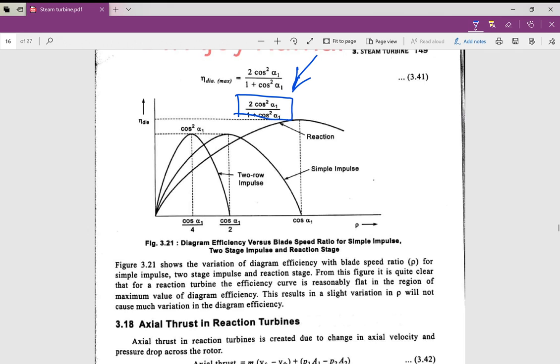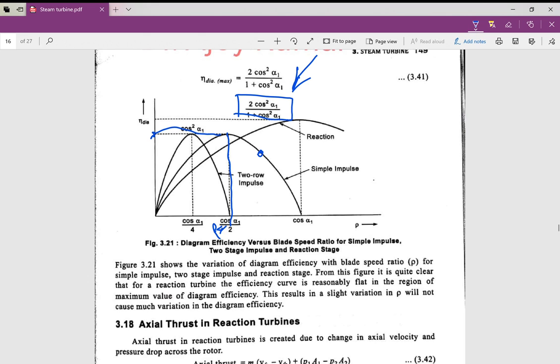In impulse turbine, we have seen this is about your simple impulse turbine, that is for the De Laval turbine, rho was coming cos alpha 1 upon 2. This is rho for impulse turbine to get maximum blade efficiency, that is cos square alpha 1 by 2.